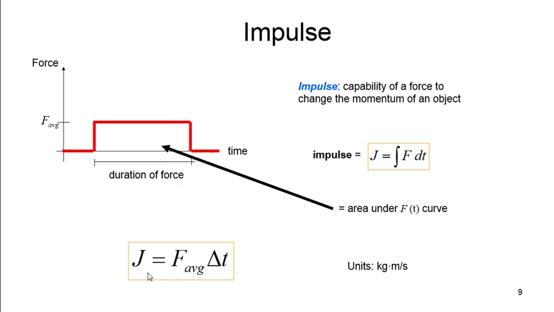So another way to calculate our impulse is to figure out what is the average force acting on our object, and how many seconds that force is acting on our object. This delta t is the duration of the force. This is the amount of time that the object is experiencing that force, or in the case of a golf club hitting a golf ball, this delta t would be the amount of time that those two things are in contact, because that's the only time that there's a force being exerted on the golf ball.